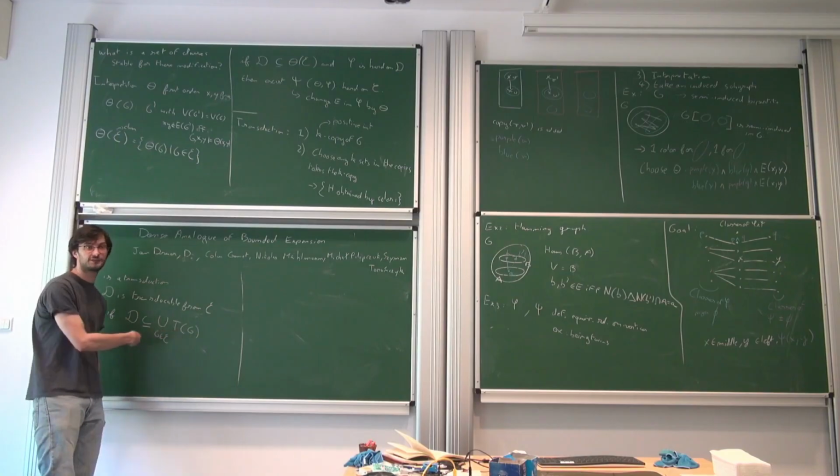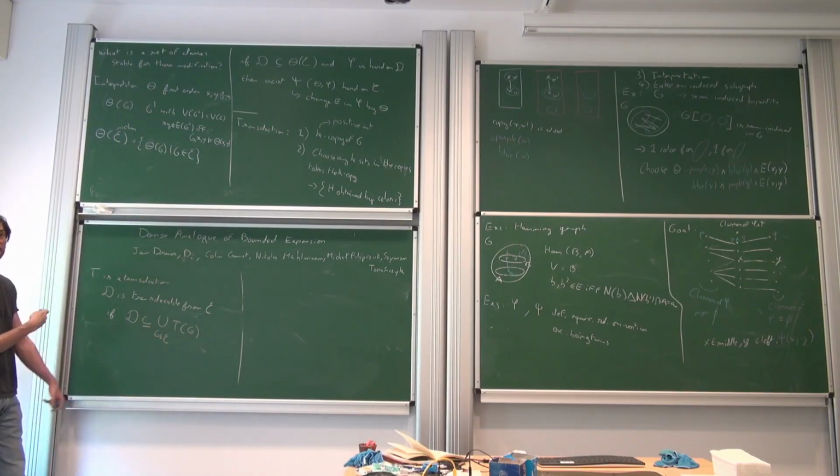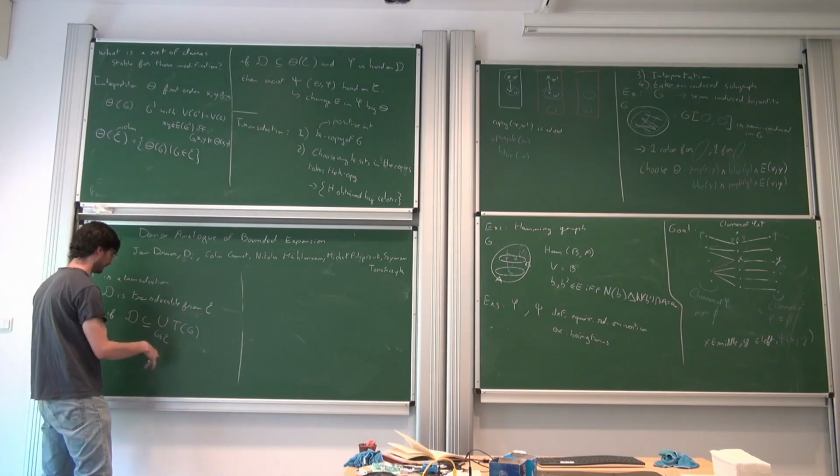We can take the union for all graphs of C, and we ask if our final class is inside this union.